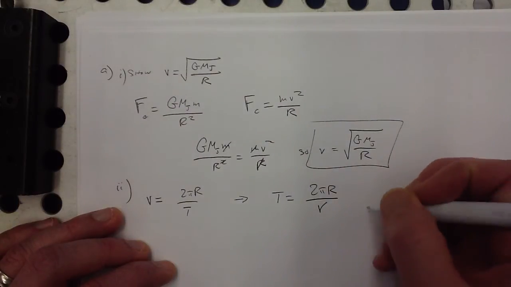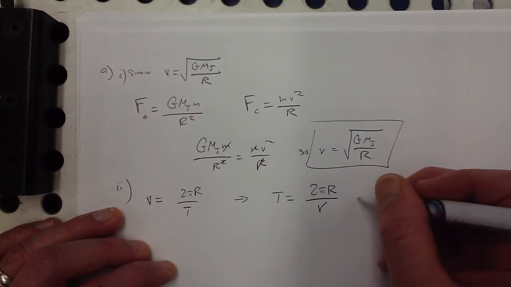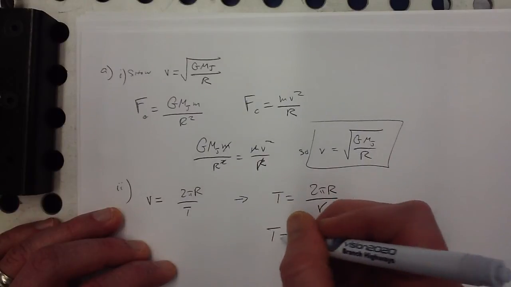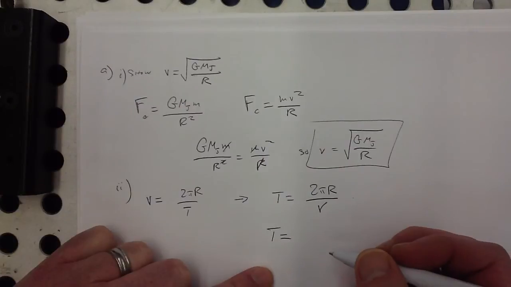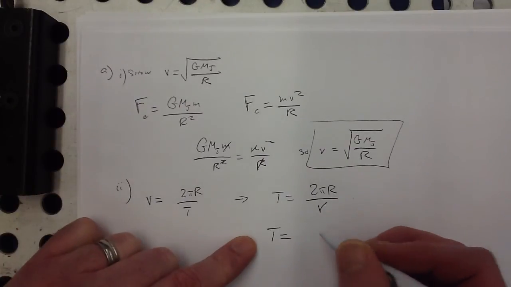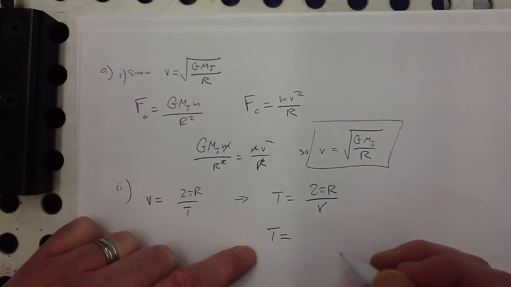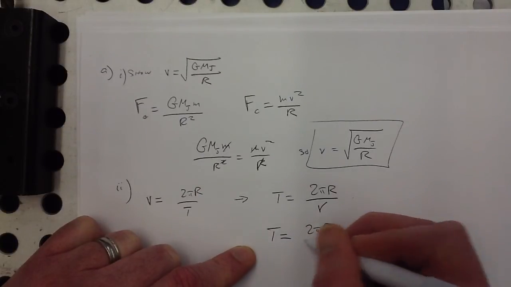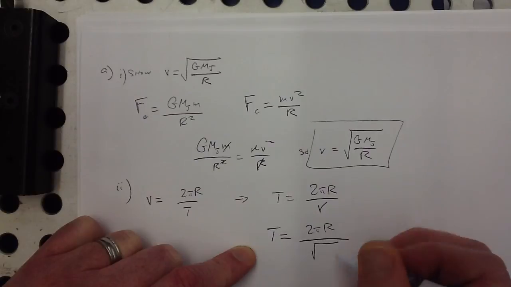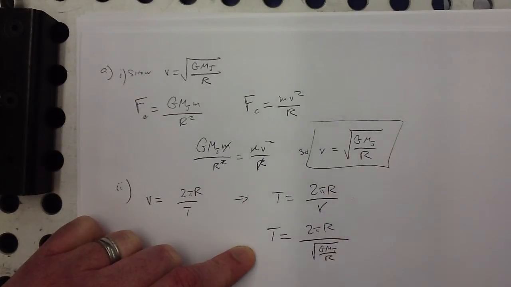I think it's actually easier to square both sides first, or I don't know how you want to do this. There's a bunch of different ways you can get there, but you could do it like this, I suppose, over the square root of GM_J over R, just substituting that.